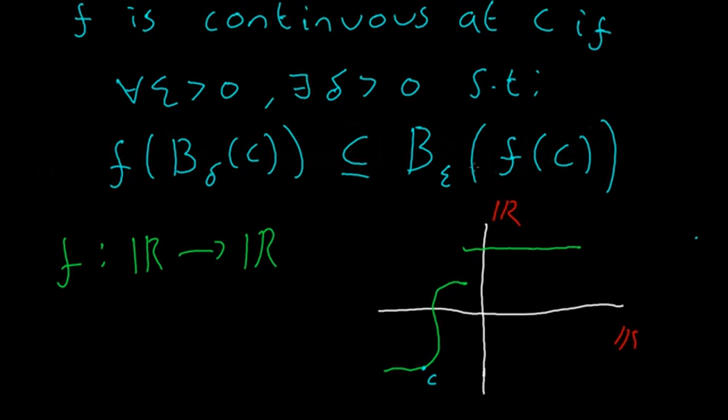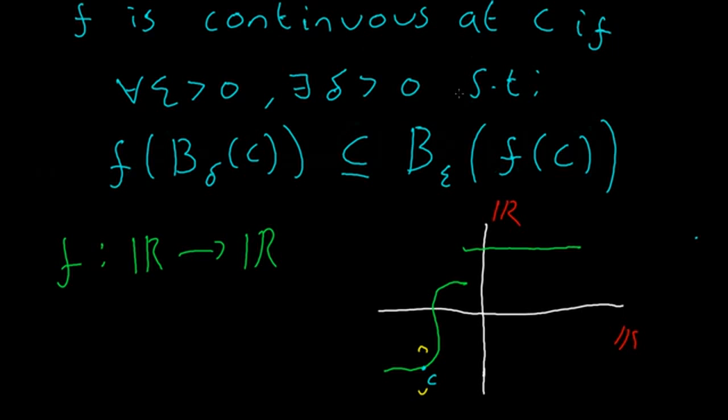So this is a ball in the codomain, on the vertical axis. So an arbitrary ball of radius epsilon in the codomain around f of c. Say this can be as big or small as you like.